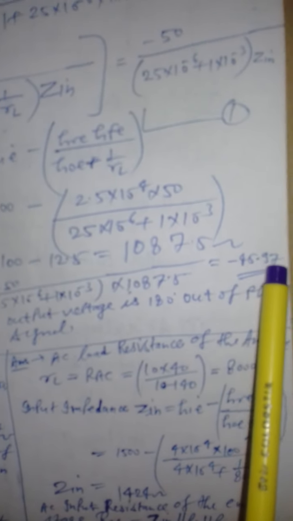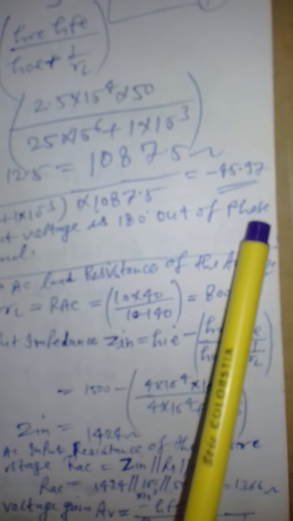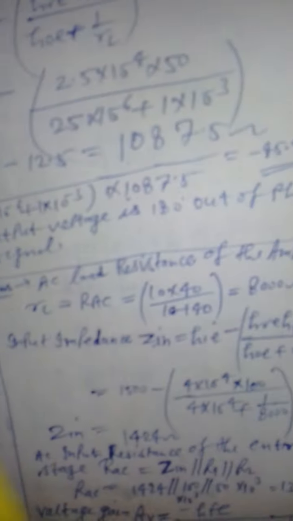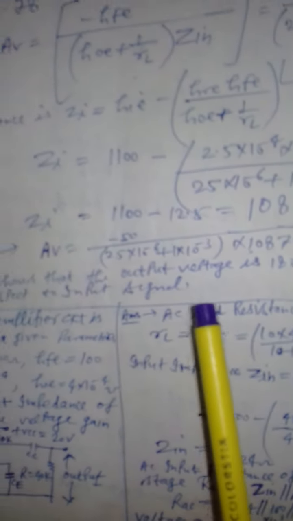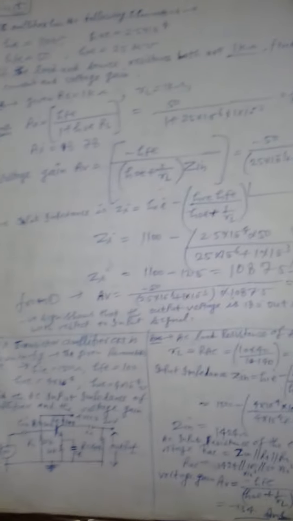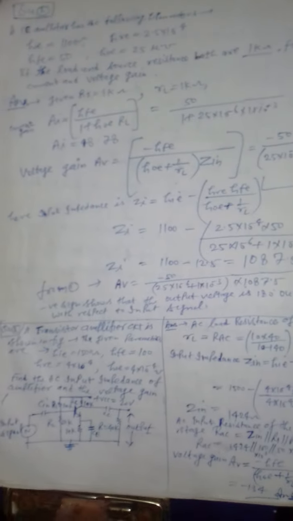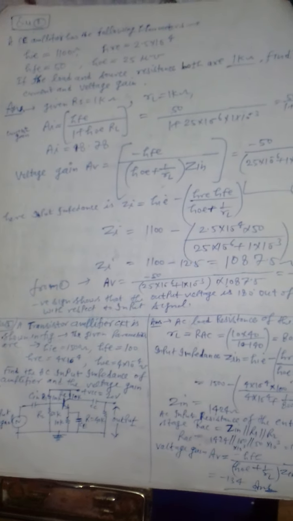Voltage gain comes out to be minus 45.97. Now this negative sign shows that the output voltage is 180 degrees out of phase with respect to the input signal. That means you will get this minus sign. Is that clear?